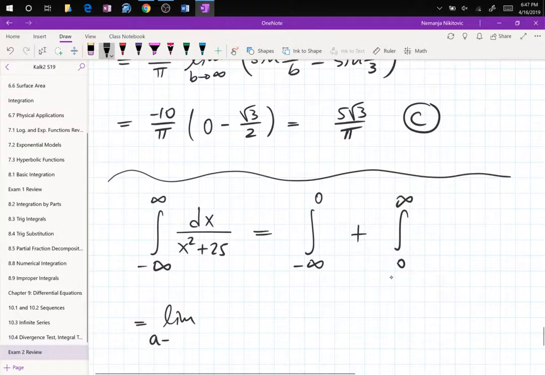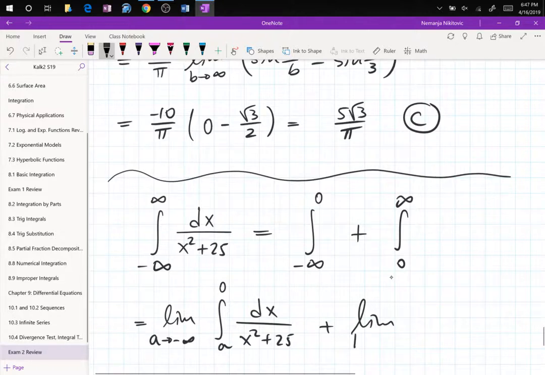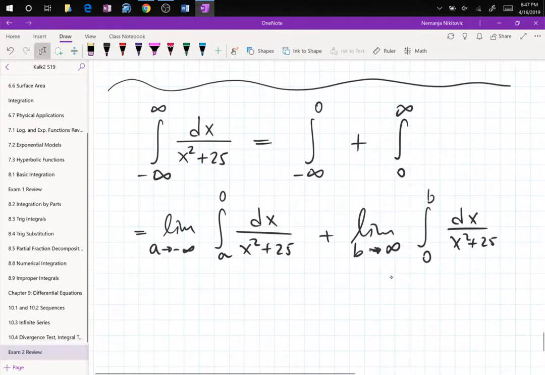And now we have limit a goes to negative infinity, integral a to 0 dx over x squared plus 25, plus limit b goes to positive infinity, integral 0 to b dx over x squared plus 25. Now, we have to integrate this.